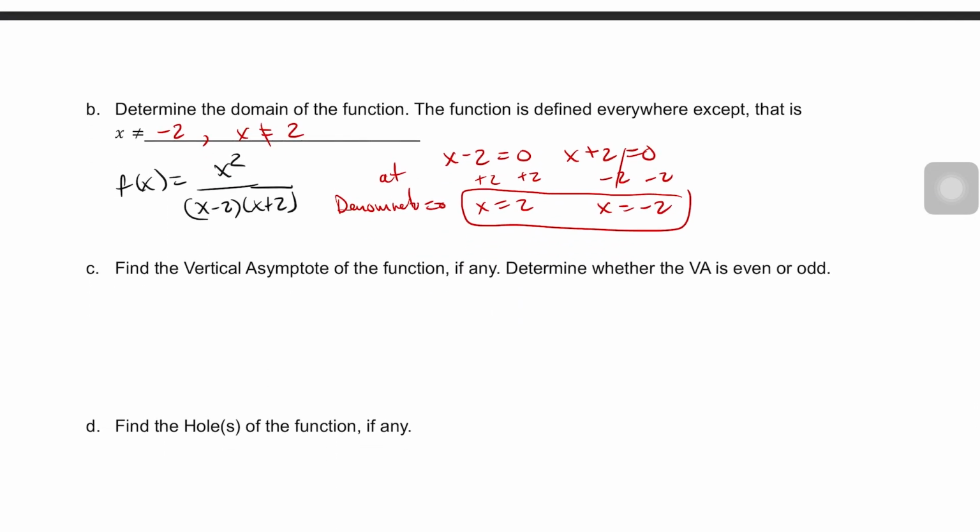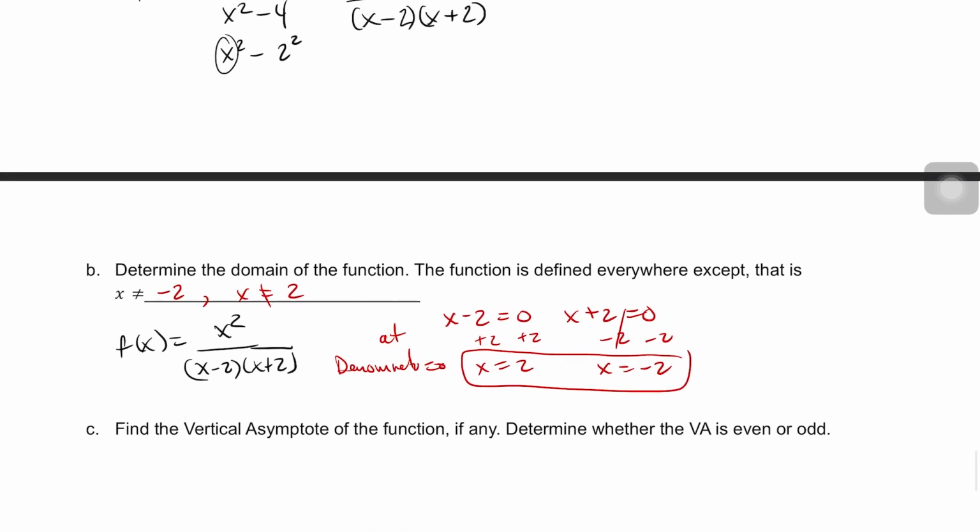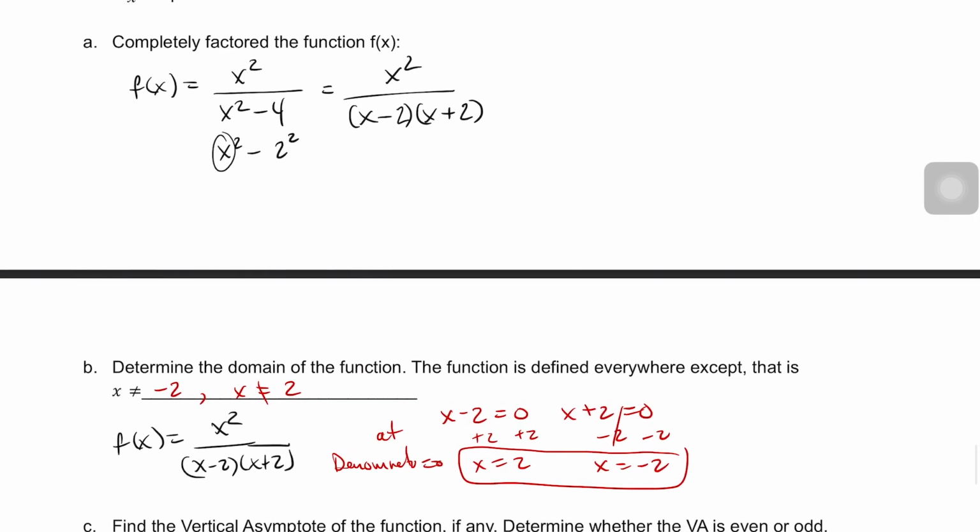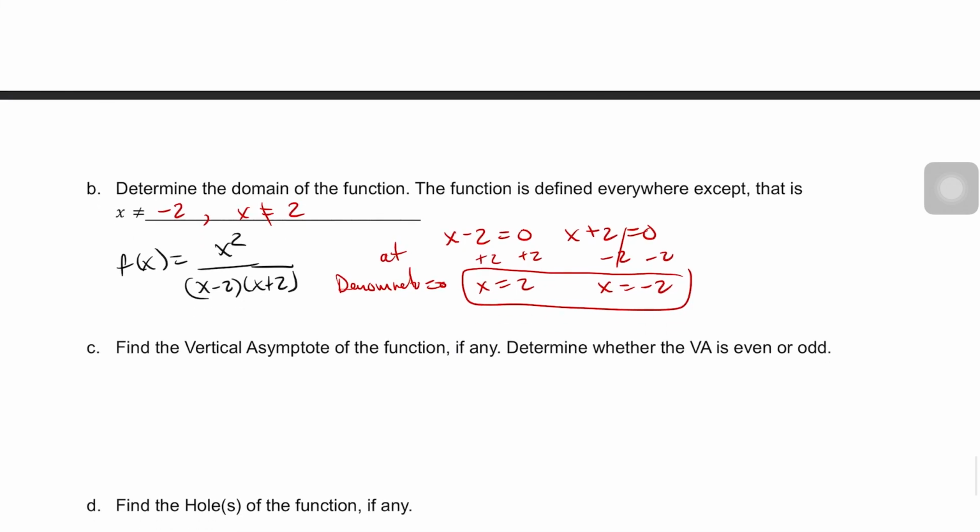For the vertical asymptote, we would have to try to cancel as much as we can, right? In this case, there's nothing we can cancel because there's no numerator that has the same factor as the denominator. So we're gonna use it as it is.